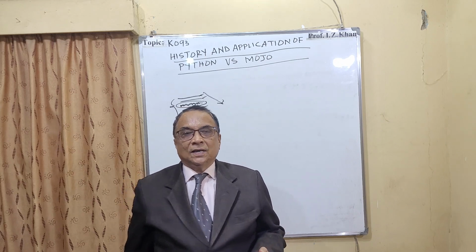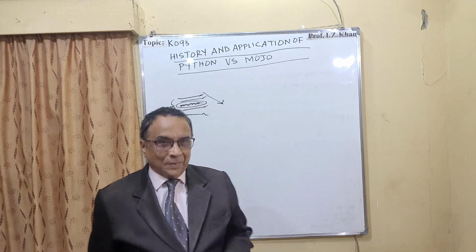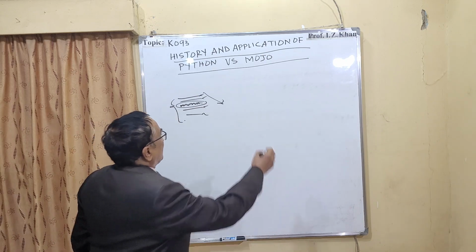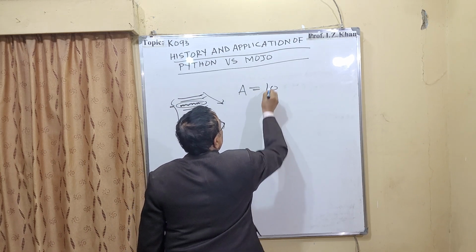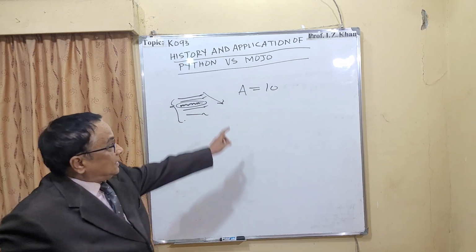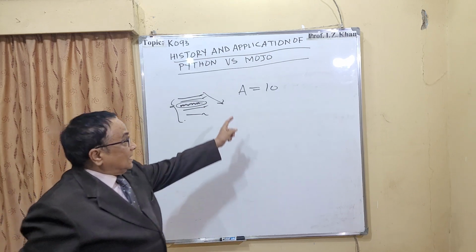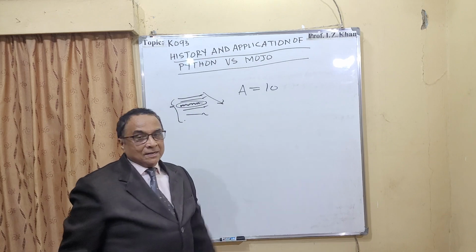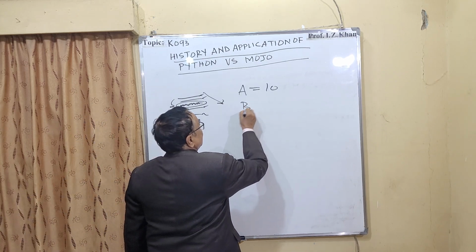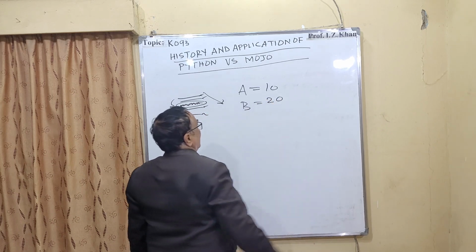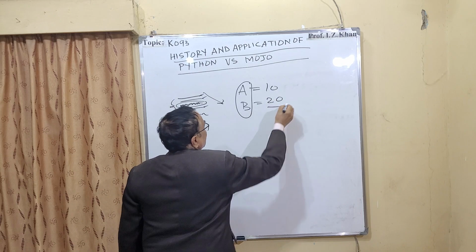And it also has high level application. Suppose you have some data storage in A, which is equal to 10, and A holds a lot of data, alphabet and numbering, so it can coordinate. And suppose B has 20.